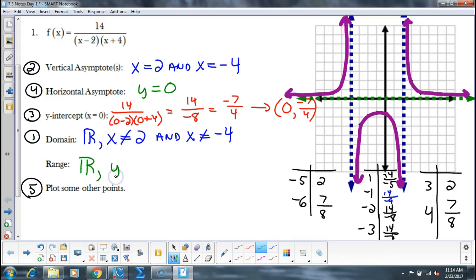Y is greater than 0 and y is less than or equal to negative 14/9, right?